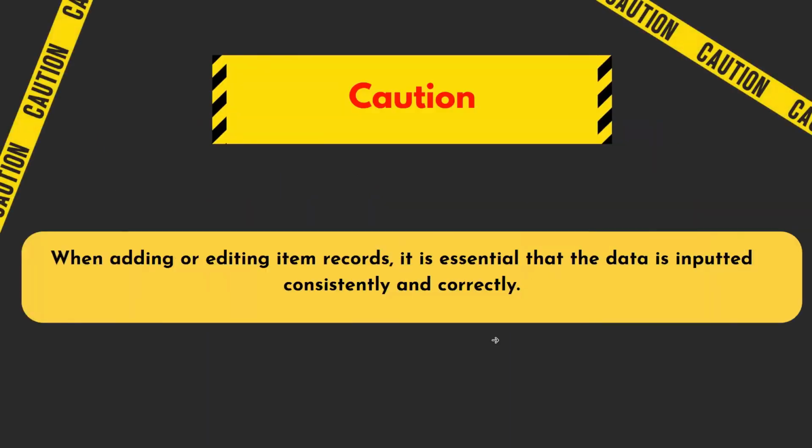So we've talked about this a little already, but basically when you're adding or editing item records, the way I always heard it described was GIGO, garbage in, garbage out. If you don't put stuff in that you're going to be able to reliably use, then you're not going to get good data.